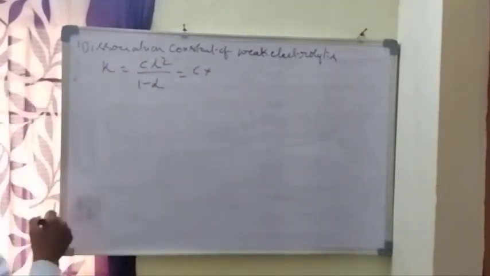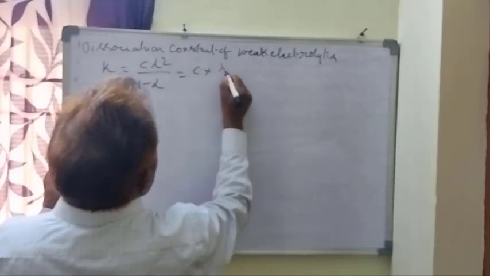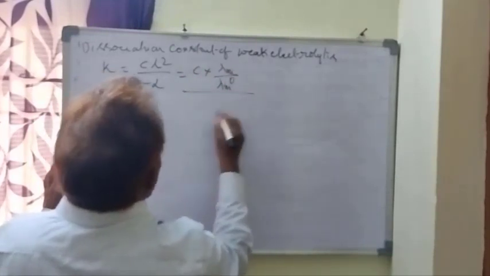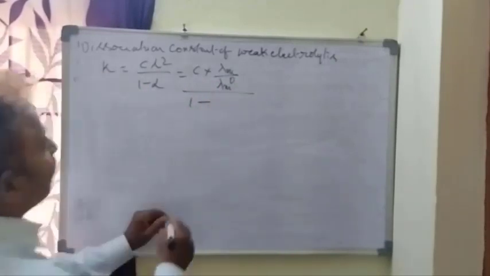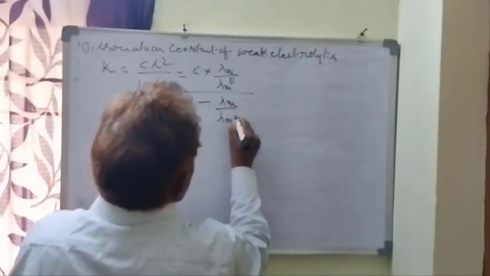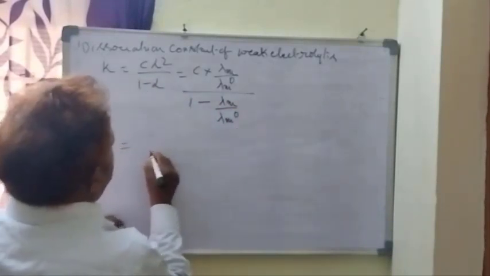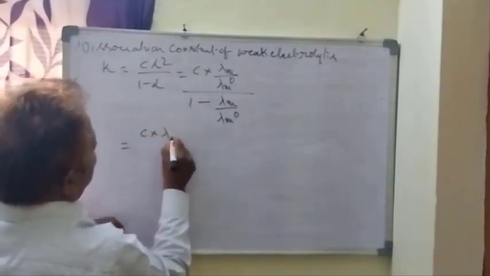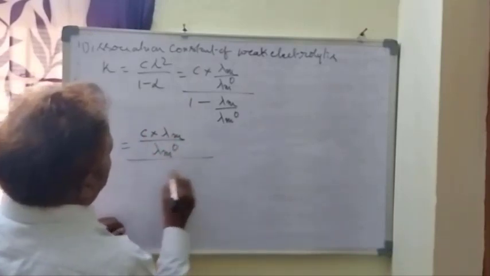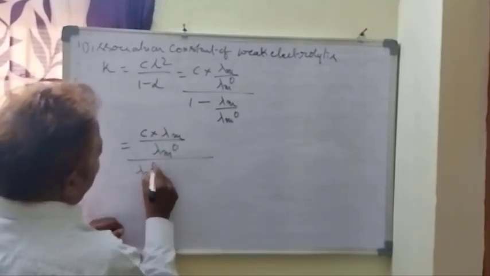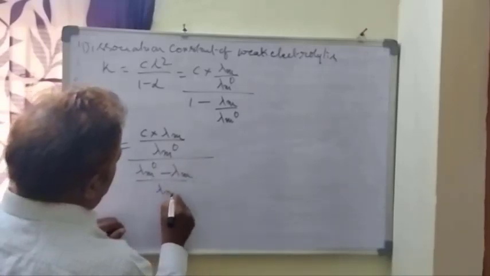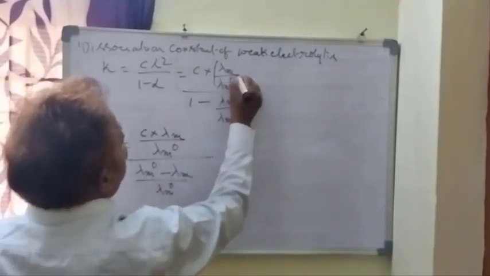C into, what is alpha? Alpha is nothing but lambda m by lambda m naught, divided by 1 minus lambda m by lambda m naught. This can be written as C into lambda m by lambda m naught, divided by lambda m naught minus lambda m by lambda m naught, and here this is whole square.